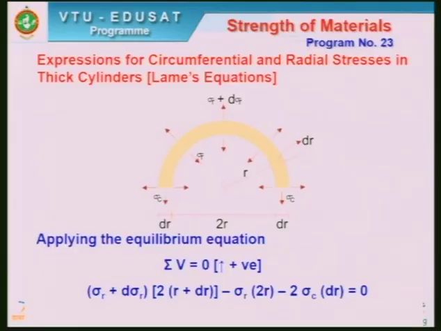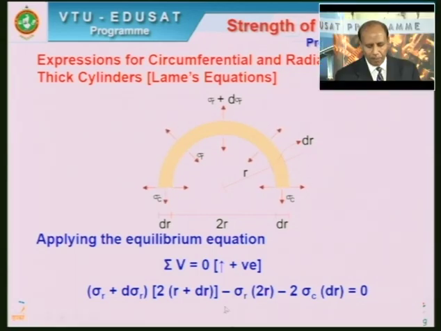It acts in the opposite direction, and hence we have a minus sign in this case. We have the same thing: the intensity of pressure multiplied by the projection of the curved surface on a horizontal plane. The projection of the interior surface is just 2r, into 1.